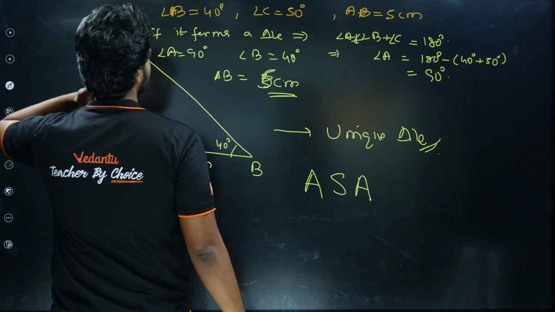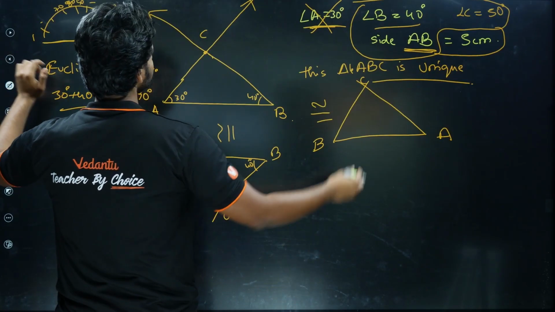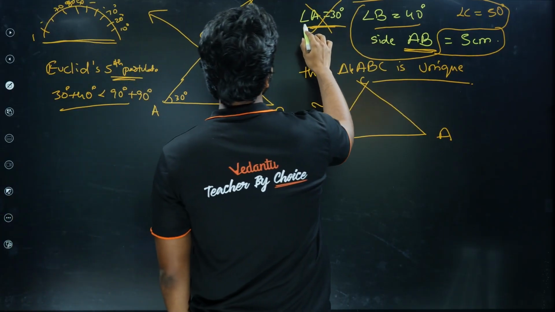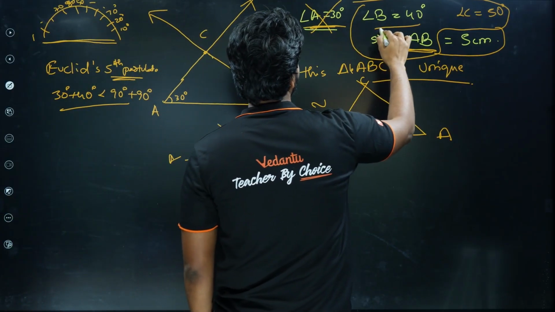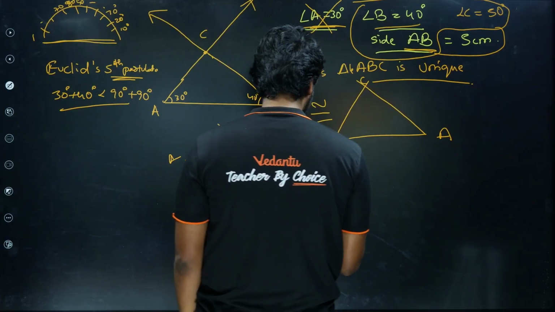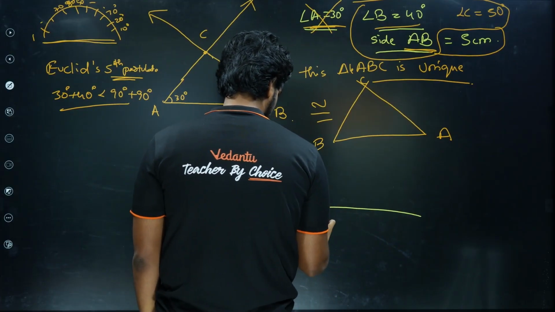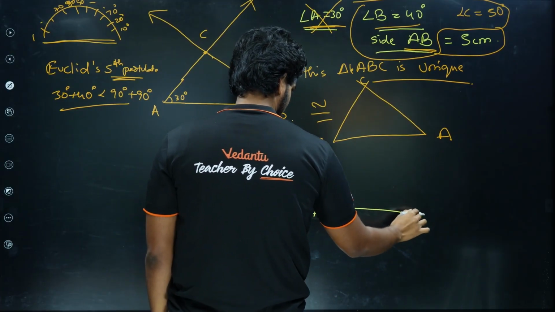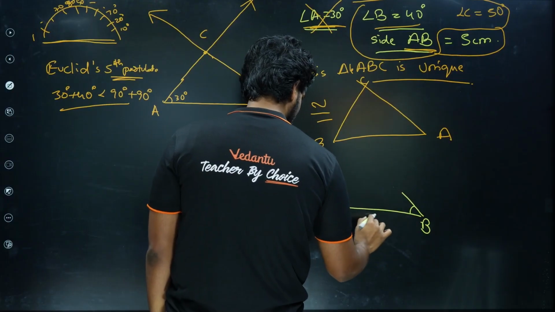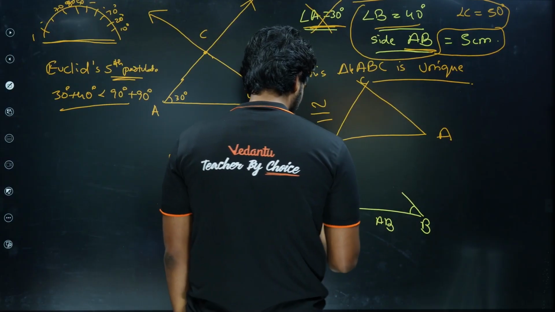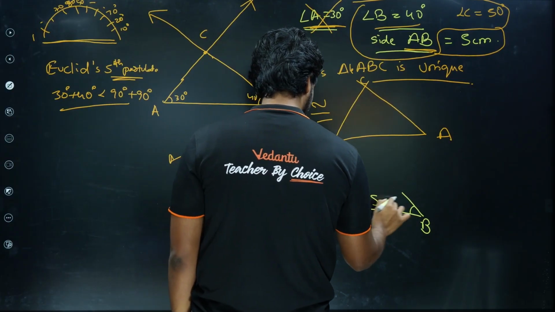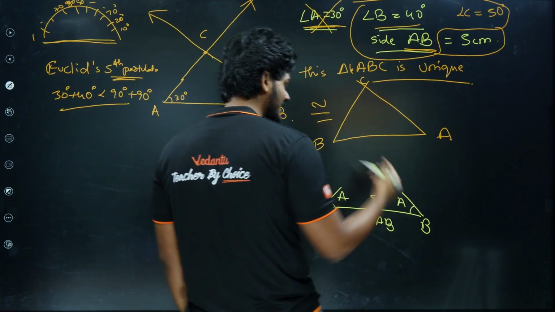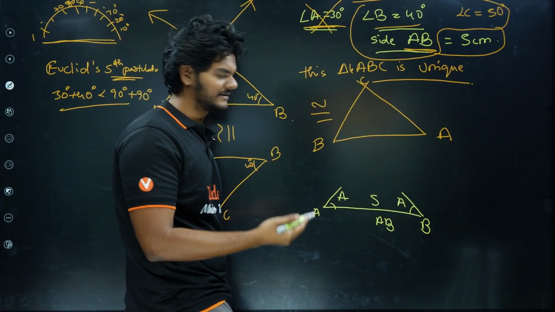And then what did we see? What information did we have? Angle, and a side in between. So you see angle A, angle B, and the side AB. So this is angle, side, angle, in that order. The order is important.